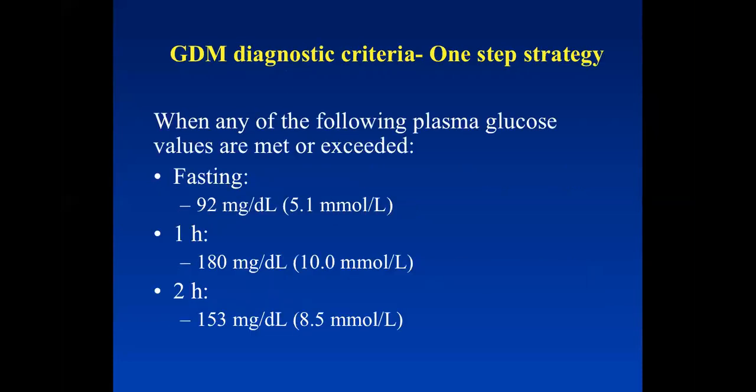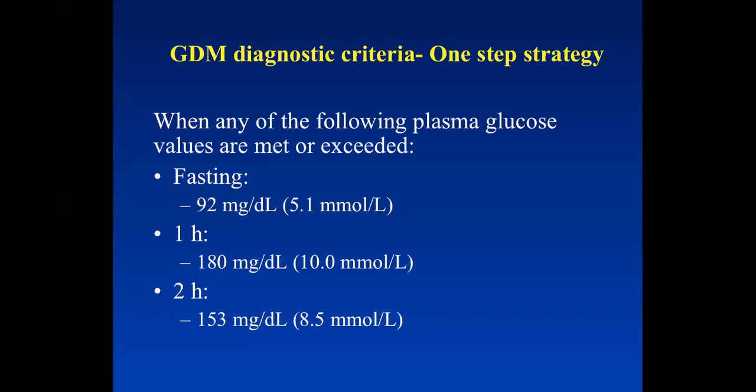Okay, so I think we have that. So the one-step strategy is for pregnant women at 24 to 28 weeks. We do the oral glucose tolerance test with anhydrous glucose, 75 gram anhydrous glucose.